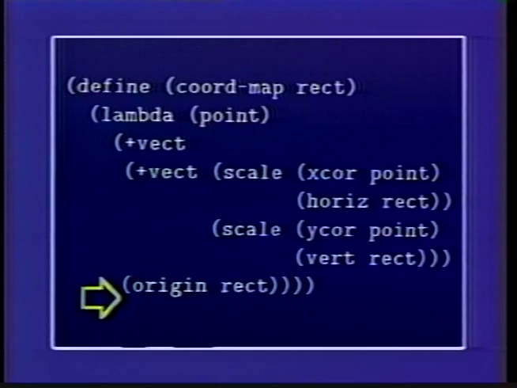That is the procedure that I'm going to apply to a point. And this whole thing is generated for each rectangle. So any rectangle defines a coordinate map, which is a procedure on points.